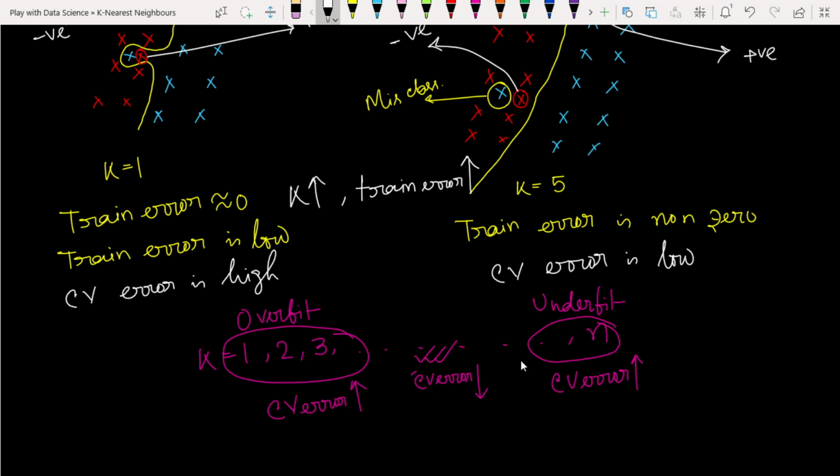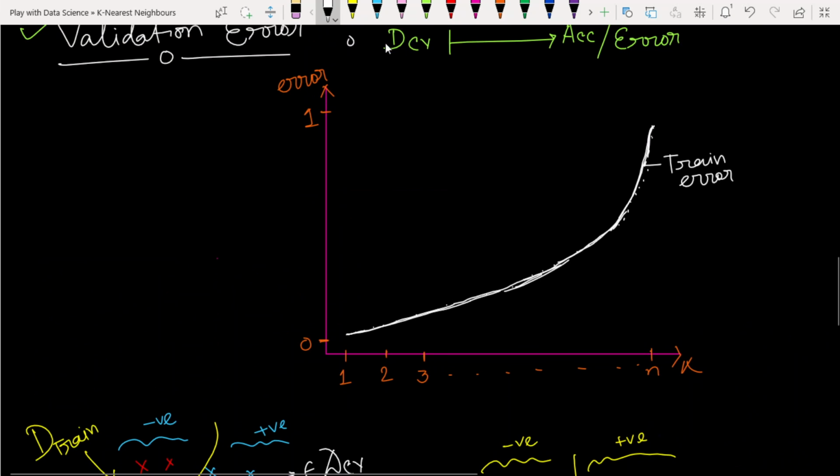Now we have seen that in the cross validation graph, the cross validation error is high when k is low as well as when k is high. Taking another color, the cross validation error will look like this: first it is high, then it decreases, and after some time it is high again. Not exactly, just assume it looks like that.